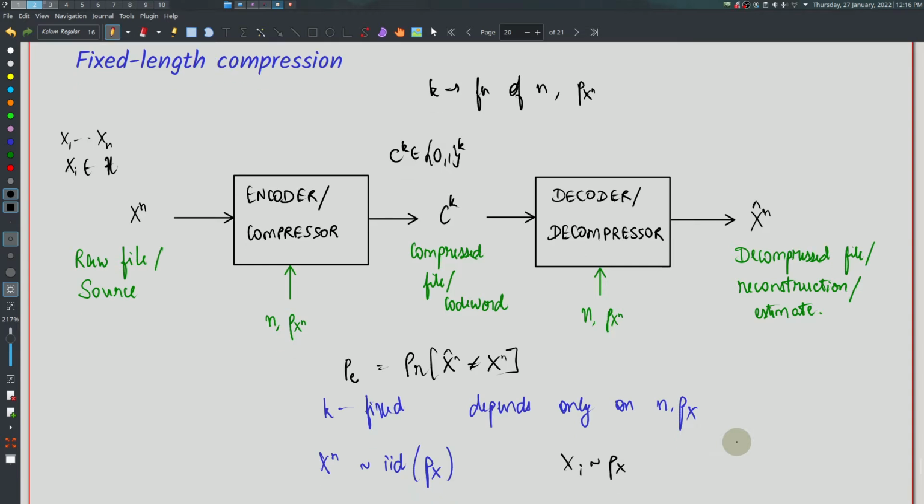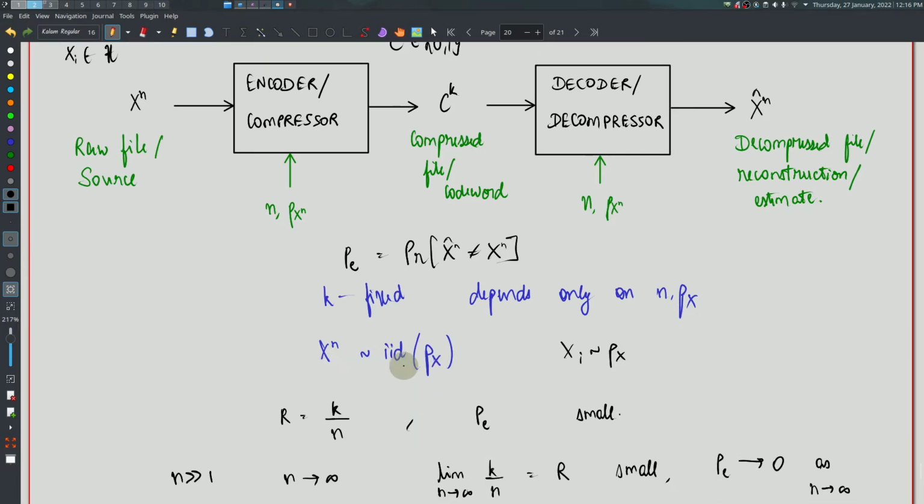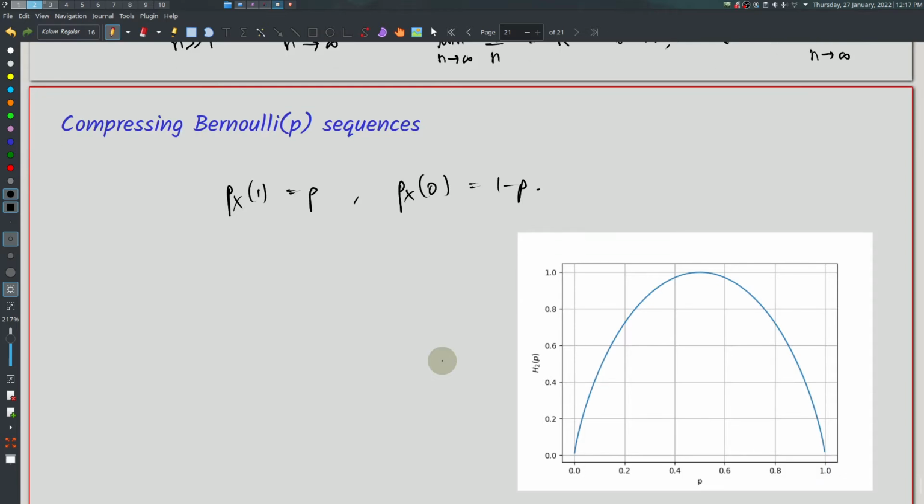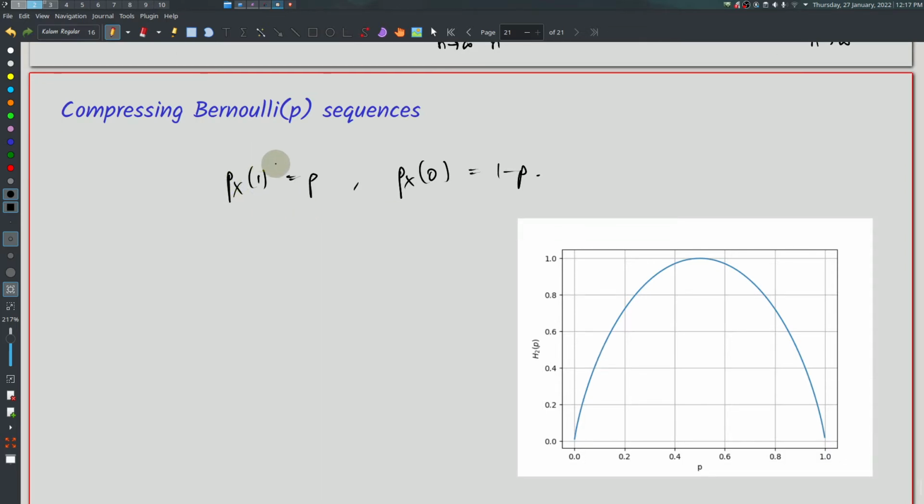And remember, we are focusing on the case where x^n is IID according to some distribution Px. Okay, in fact, we'll make an even more simplifying assumption. We'll assume that x^n is binary, and our goal is to compress binary sequences. We'll stick to Bernoulli sources. So the probability that x equals 1 is equal to some p, and the probability that x equals 0 is 1 minus p.